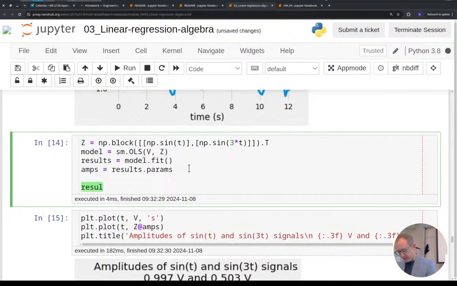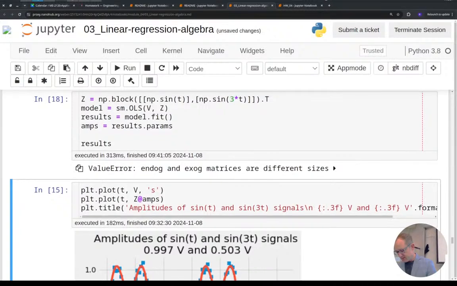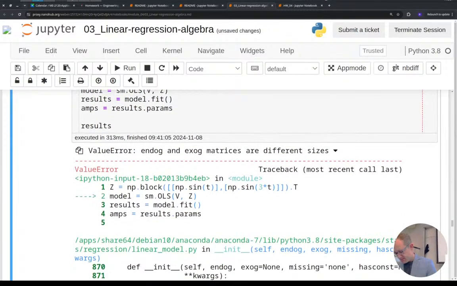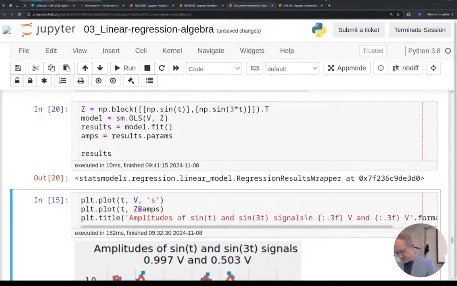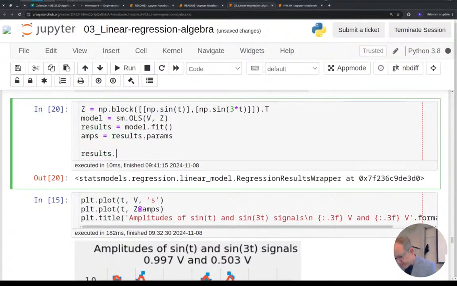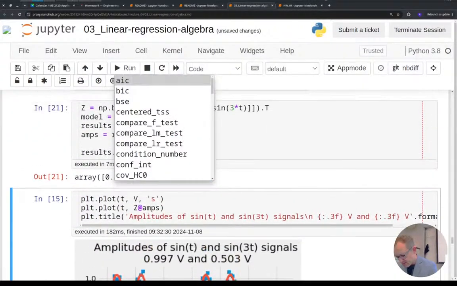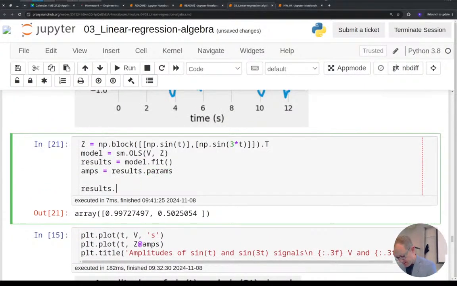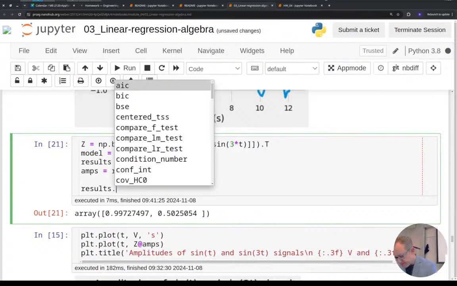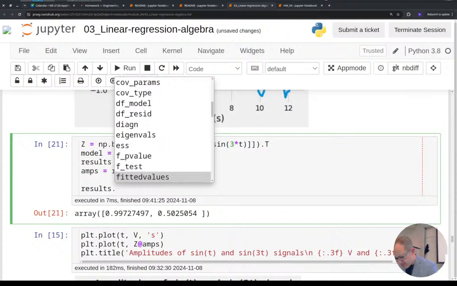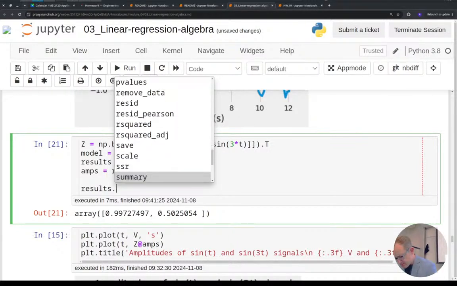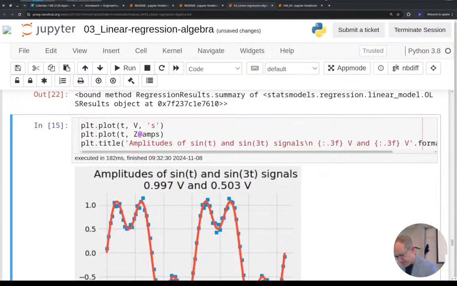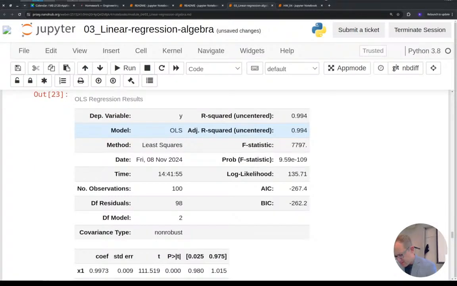So if I look at the full output of results when I do a model fit, that's the parameters that I get, but then, maybe summary? There we go.